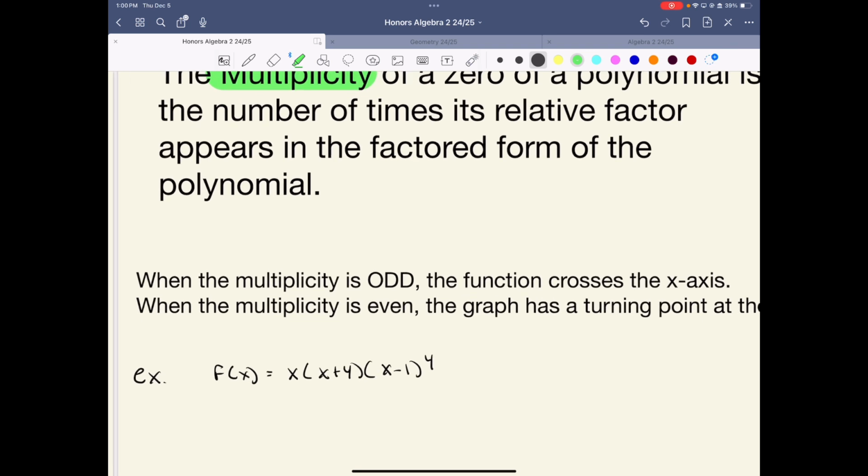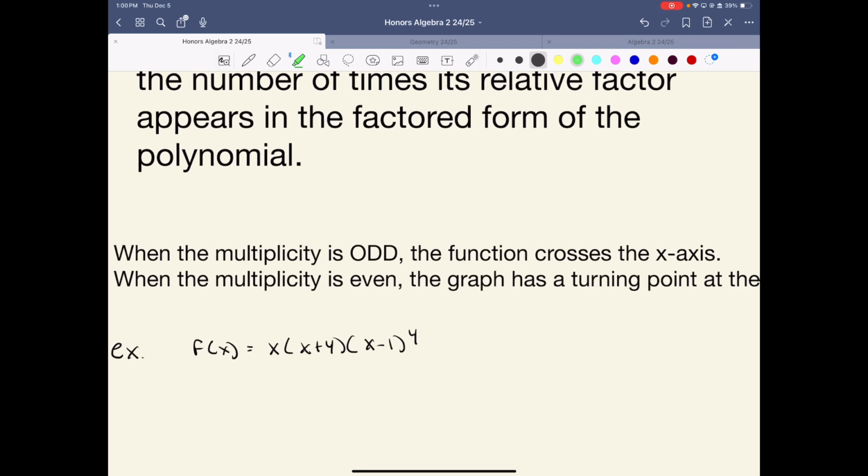Now, that's important because of this. When the multiplicity is odd, and this needs to be in your notes, when the multiplicity of a 0 is odd, the function itself crosses the x-axis.